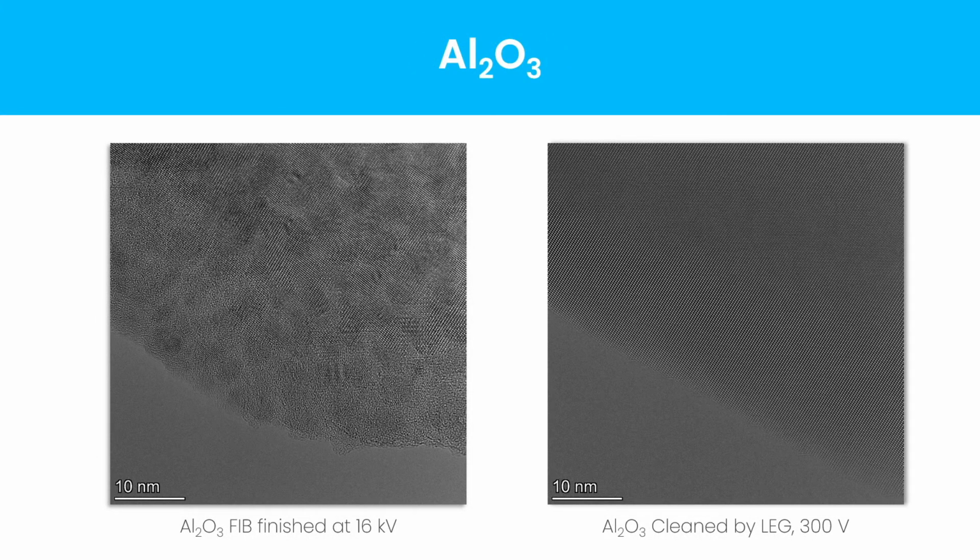Now let me show you again the first example I showed you. So this is aluminium oxide, and now you will understand why we don't have any amorphous band here. So this was perfectly cleaned. Aluminium oxide is already an oxide, so it will not form additional amorphous oxide in air.